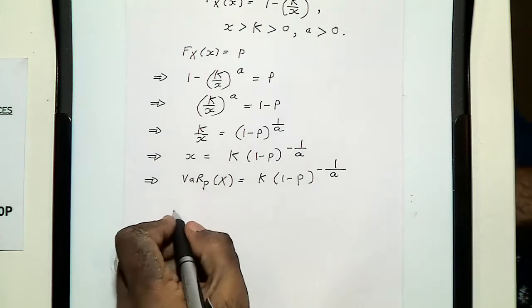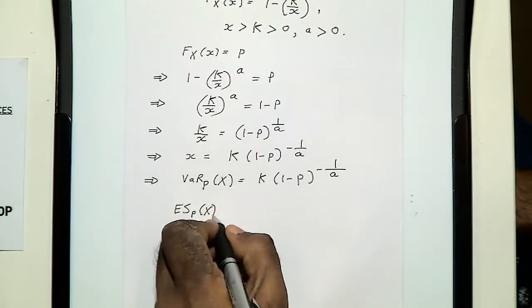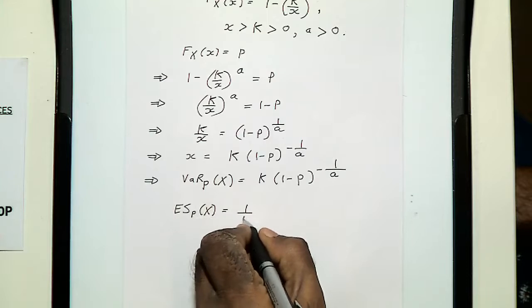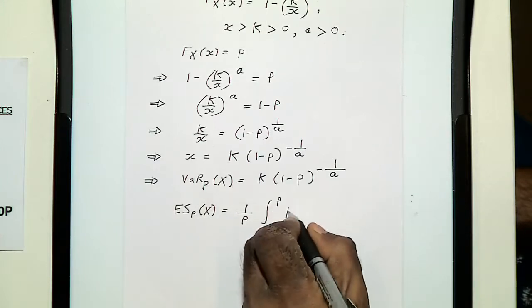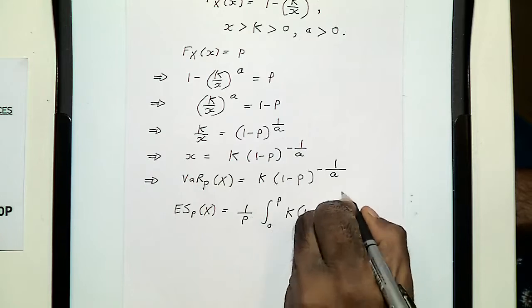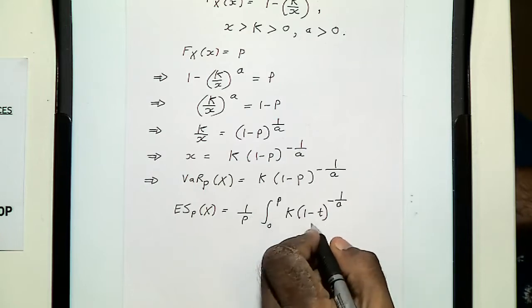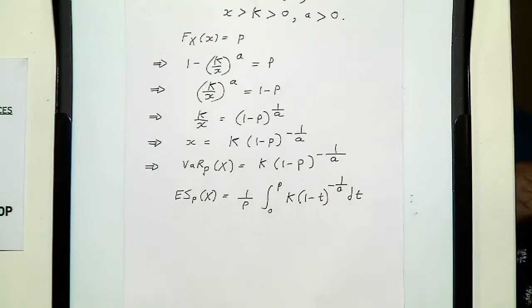Now to find the expected shortfall, integrate with respect to t.